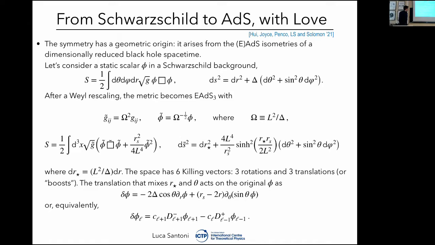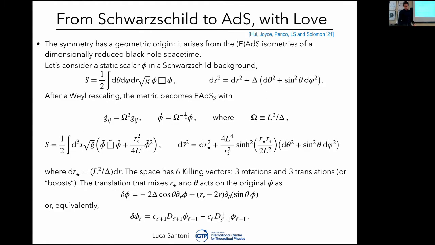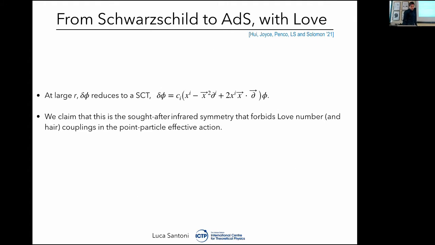Questions? Okay, so one might ask the following question: what happens if I take the large distance limit? If I consider this symmetry and go very far away, with r going to infinity, the symmetry is not trivial, but nothing bad happens actually.